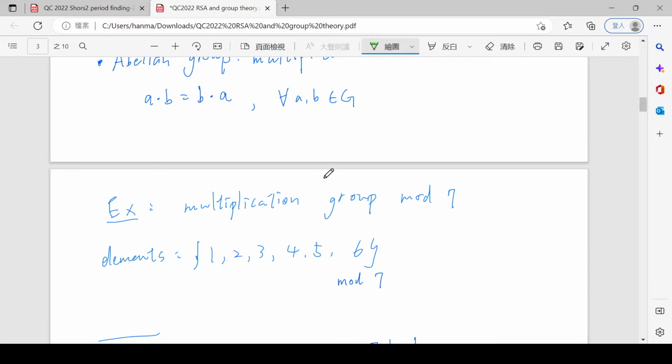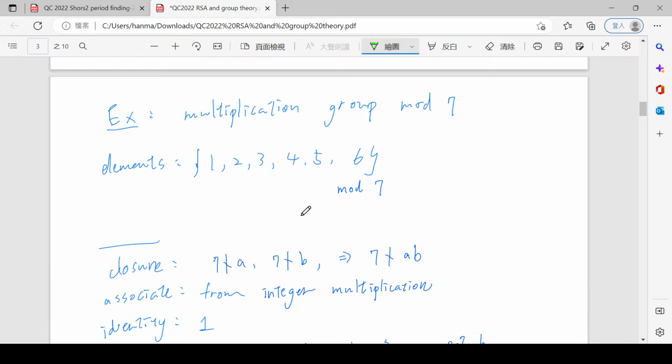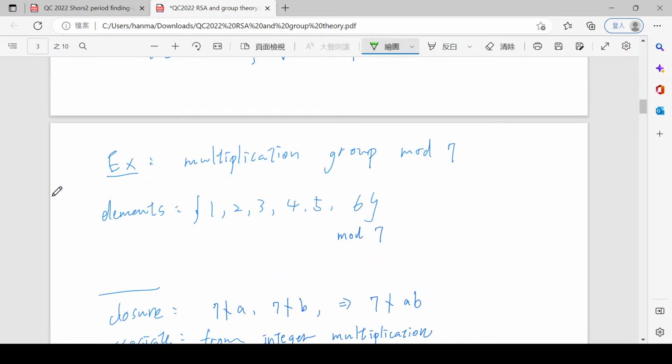Anyway, let's go to a very good example of an abelian group. That's the multiplication group mod 7. This is a thing we have been keep touching, a bit like the order finding thing. So we're going to think about everything that's co-prime to 7. That's 1, 2, 3, 4, 5, 6, right?